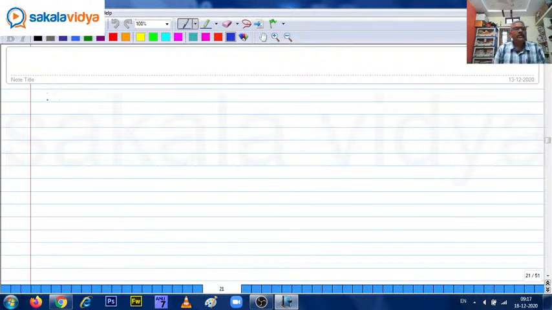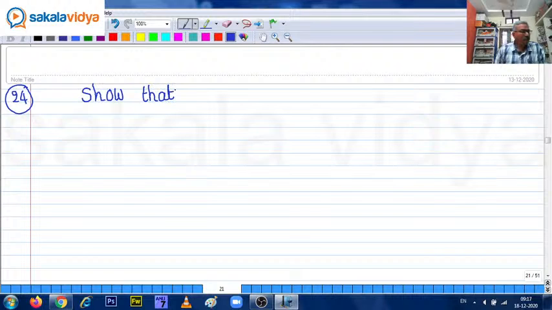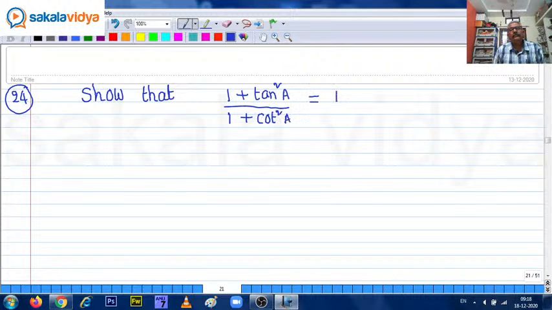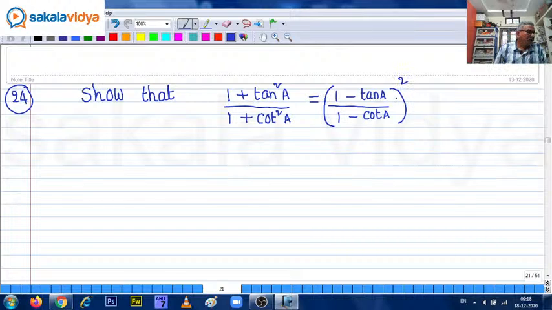So Sri Charan, 24th question. Show that 1 plus tan square A upon 1 plus cot square A equals to 1 minus tan A upon 1 minus cot A whole square equals to tan square A. This is the problem.